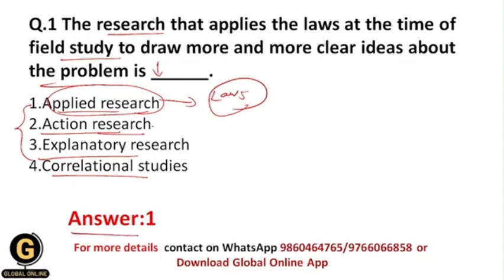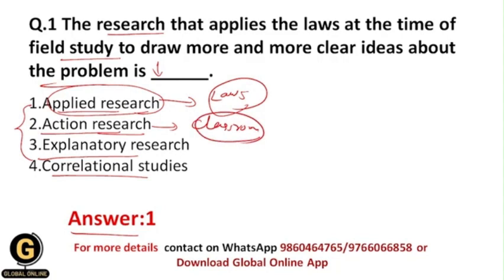Action research is again a type of research, and by using it we also solve immediate problems, but here we don't apply the laws to our problems. This is the big difference between action research and applied research, and that's why action research is specifically implemented in the classroom environment, in the teaching and learning processes.